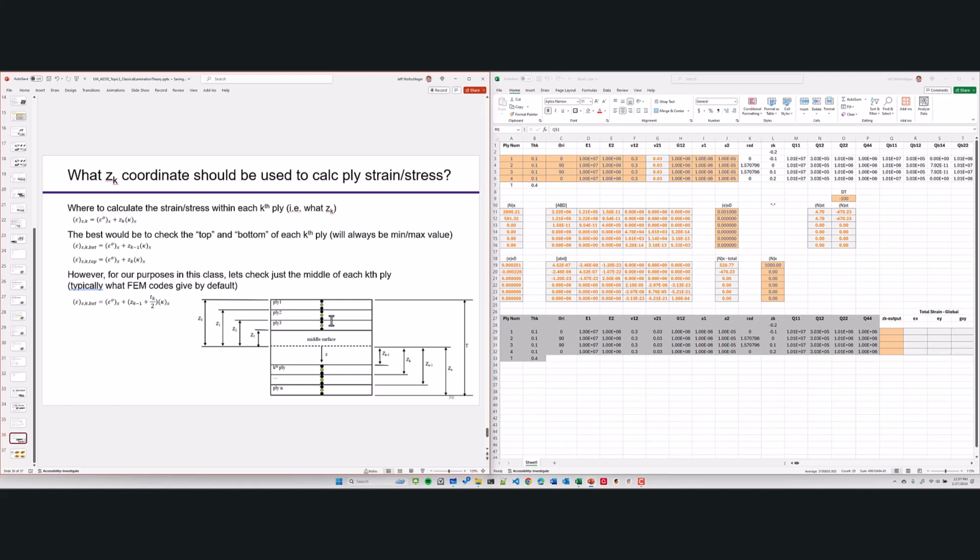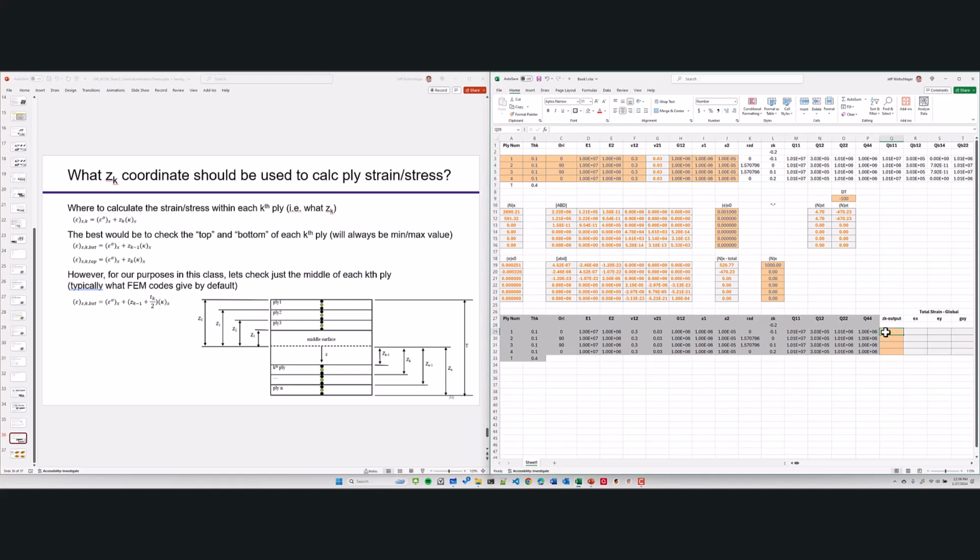By default, most codes will give you the midplane of every ply. I actually prefer to get the top and bottom of every ply, because if you think about it for a second, the top and bottom would have to be a max or a min. And so if you get top and bottom, you cover everything, but historically by default, most codes will just give you the midplane. So since we don't want to get too complicated here, I'll just do the midplane for every calculation, which means I just need to calculate a new z.